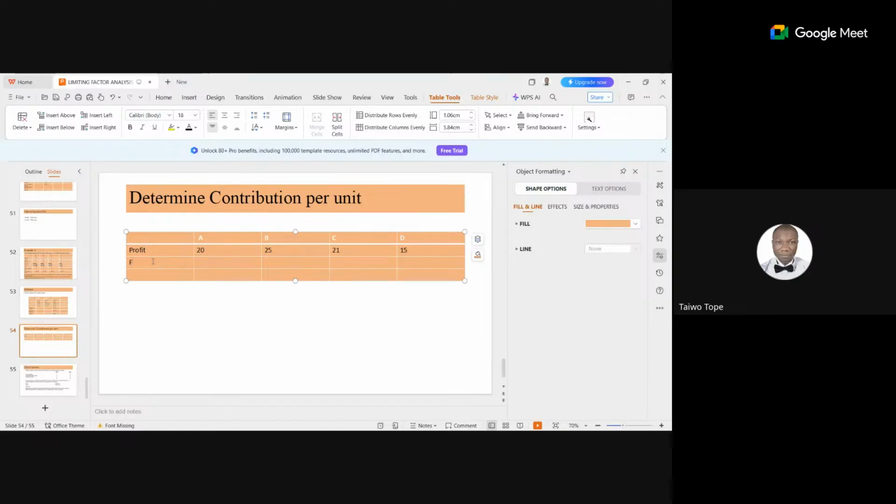Your fixed costs for product A is 1. For product B is 2. For product C is 3. And for product D is 1.